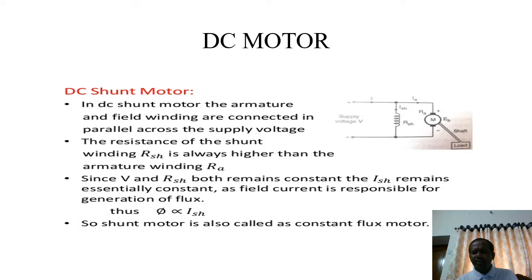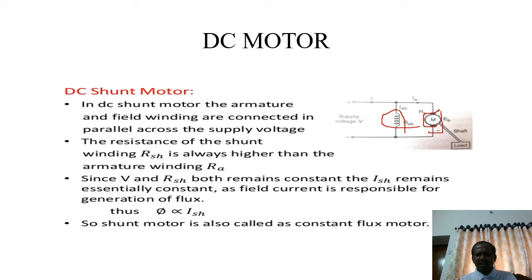In a DC shunt motor, the armature and field winding are connected in parallel across the supply voltage. So this is the field winding, and this is the armature. These two are connected in parallel across the supply voltage.